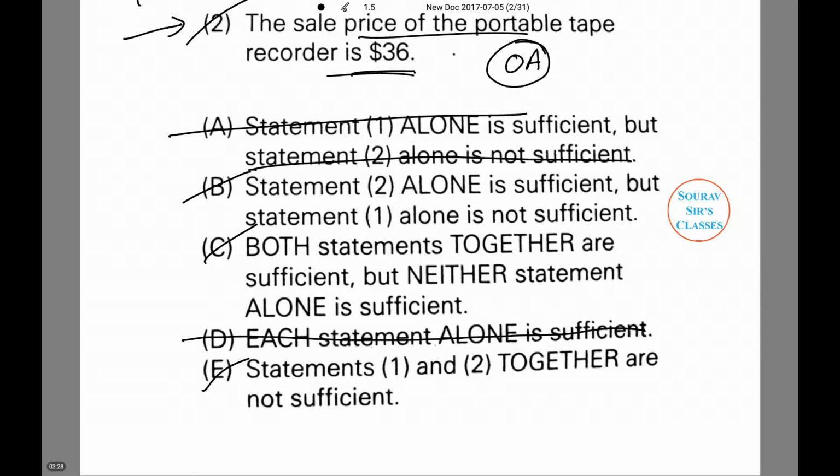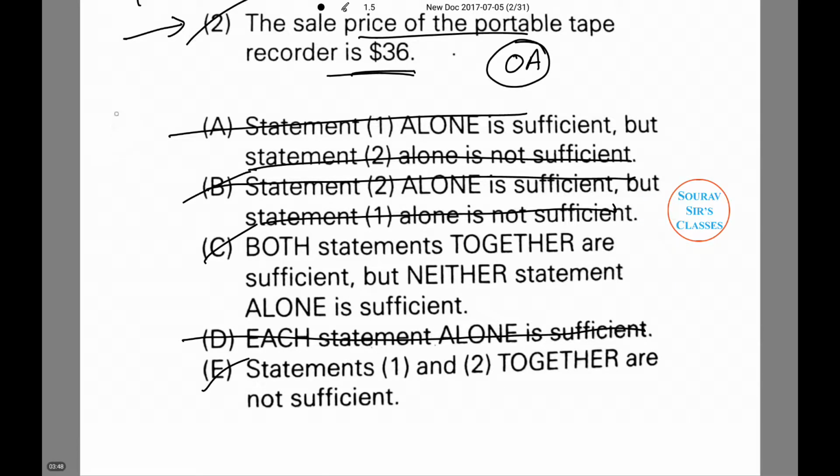We only know the amount, which is $36, and it is unsure whether it's after reduction or before reduction. Hence we can now eliminate B also. Now we are left with C.